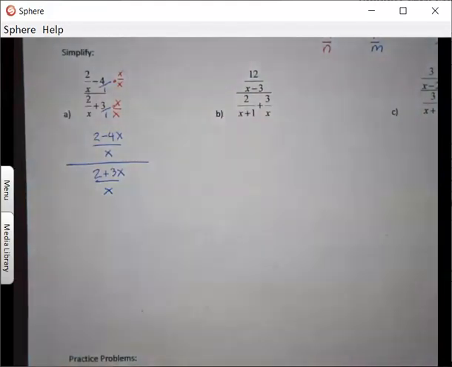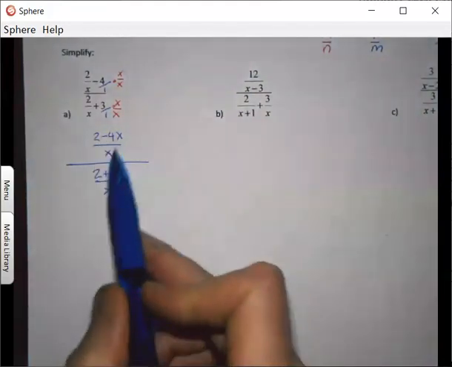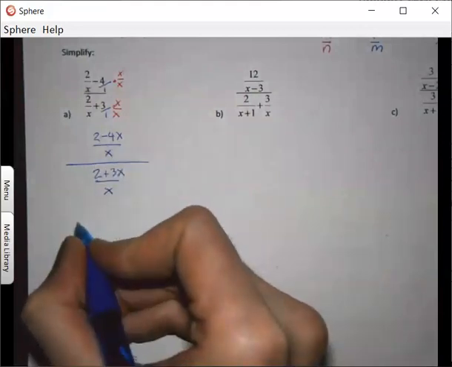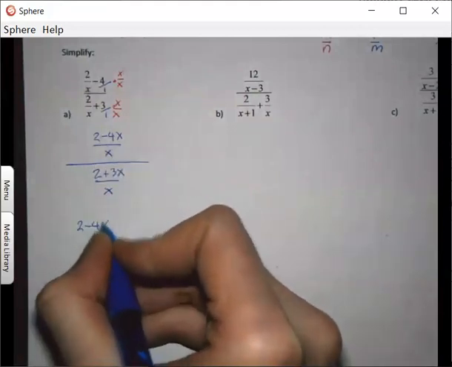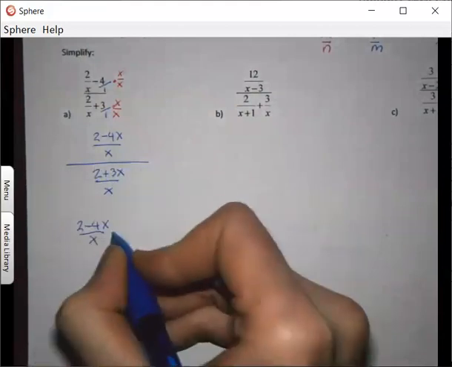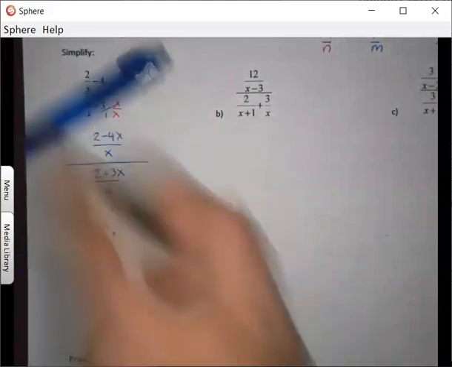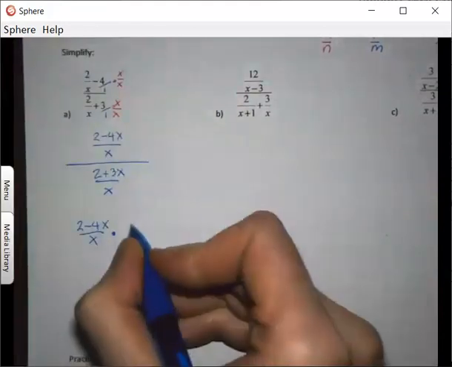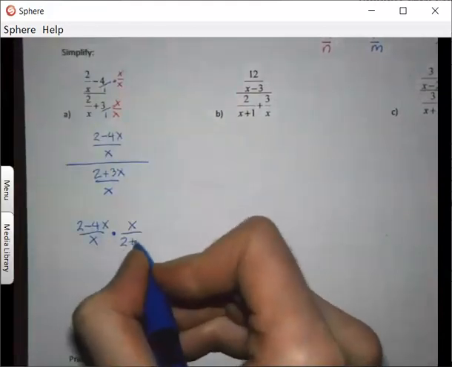So now I can do stay, change, flip. So the top stays 2 minus 4x over x. Change division to multiplication. Flip the second: x over 2 plus 3x.